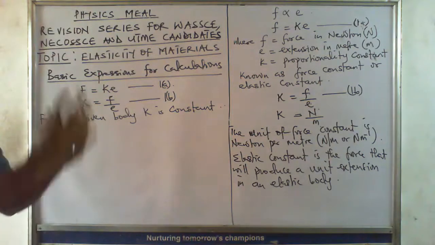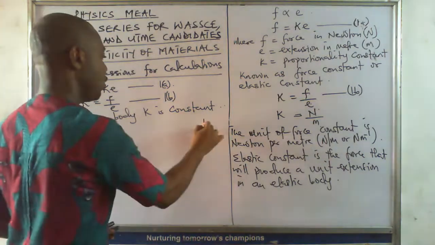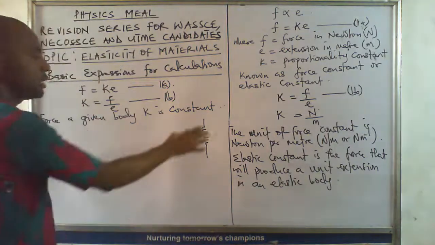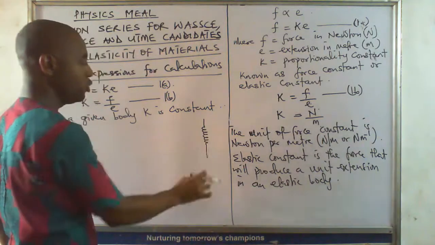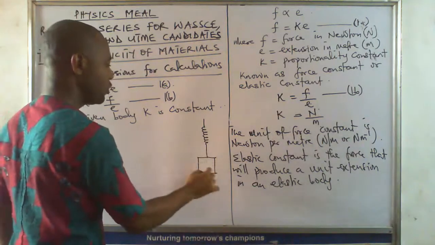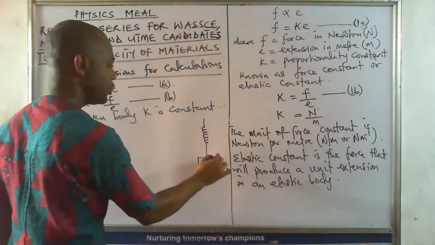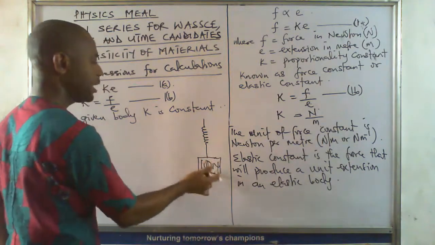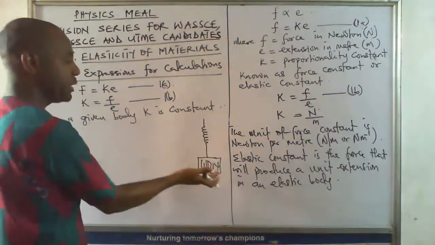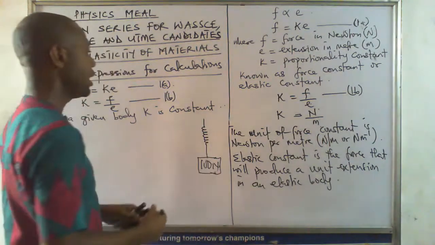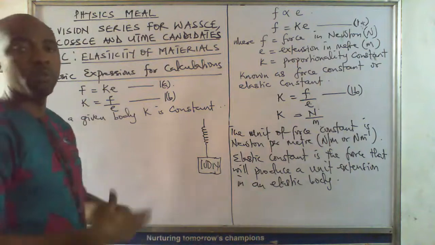So if you have a particular spiral spring, or a particular elastic body, no matter the load or force you use, even if it's a force of 100 newtons and later you change it to 50, the K obtained when using 100 will be the same as the K obtained when using 50 or when using 20.